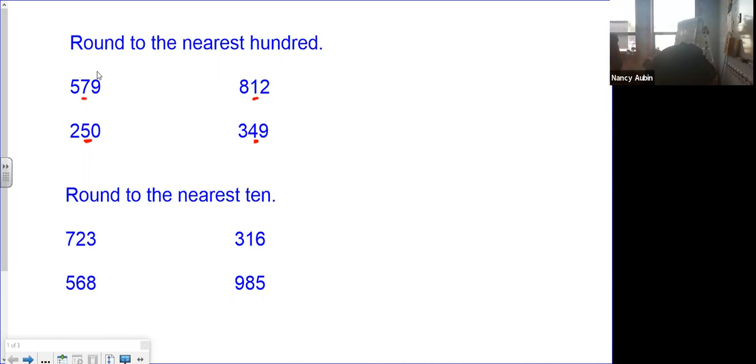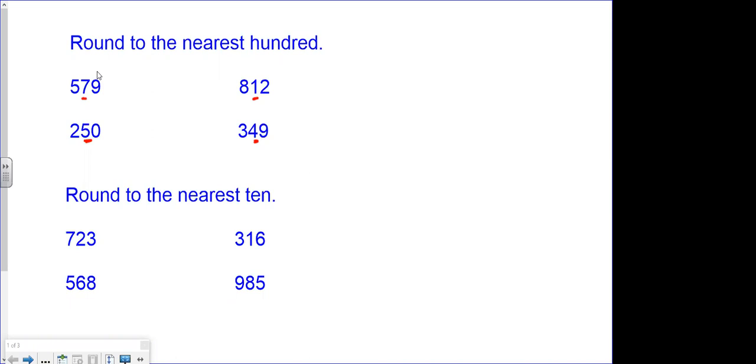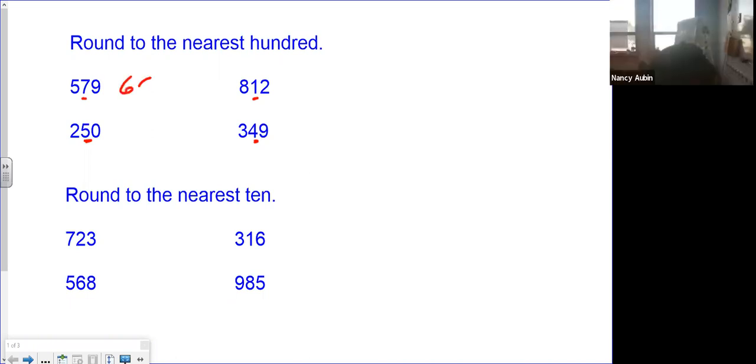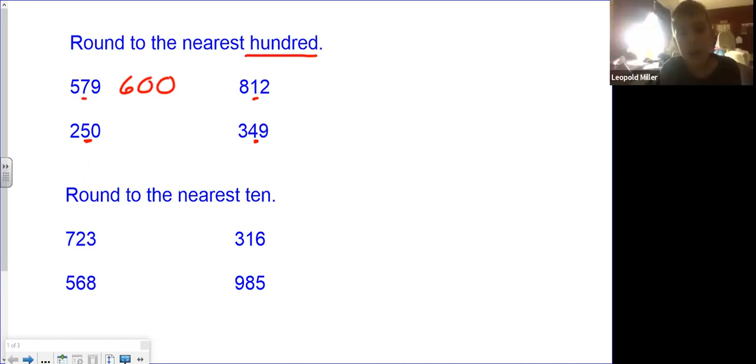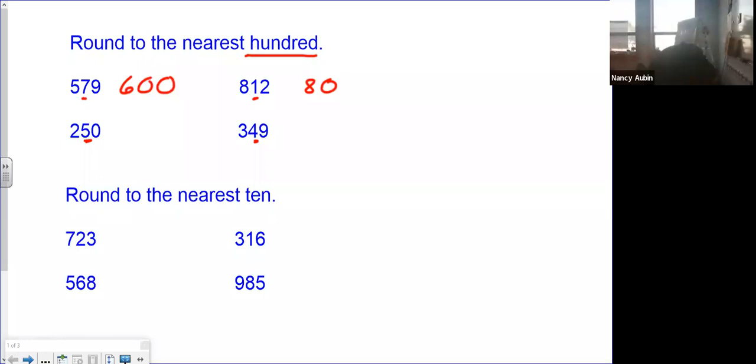Jensen, what would you round 579 to? 600. Ding, ding, ding. All right. Leo, 812. What would you round it to the nearest 100? 800. Ding, ding, ding. Who else? Oh, let's get my second graders. Is Henry here?